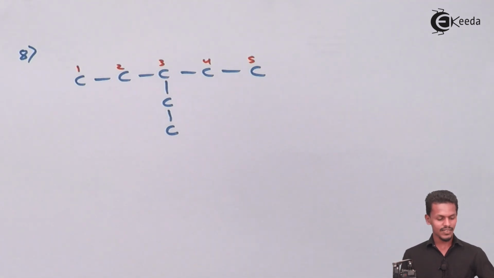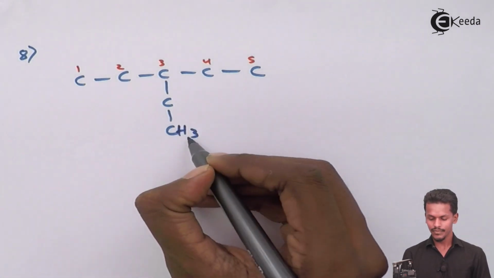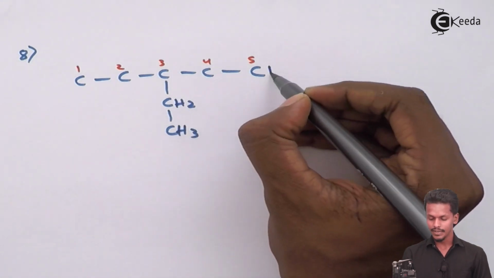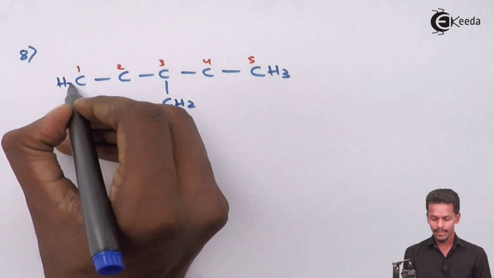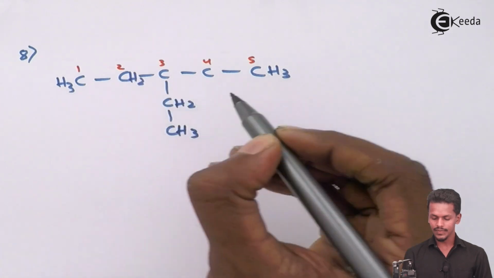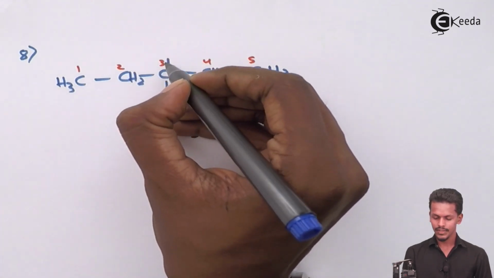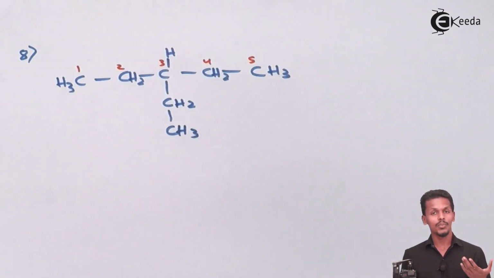So that is very easy. That would be very similar to the third one that we did earlier. So now what we are going to do is fulfill the hydrogen atoms in this case. So therefore we could fulfill the hydrogen atoms, and now it is very easy to draw the bond line formula.